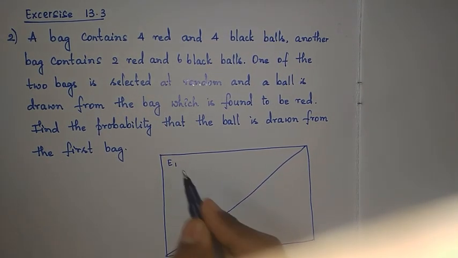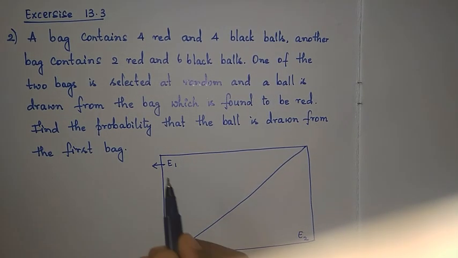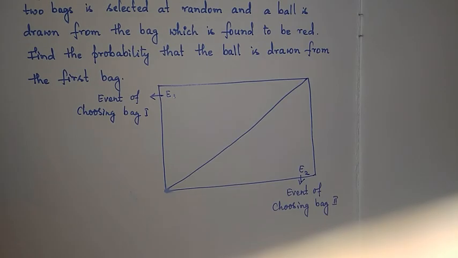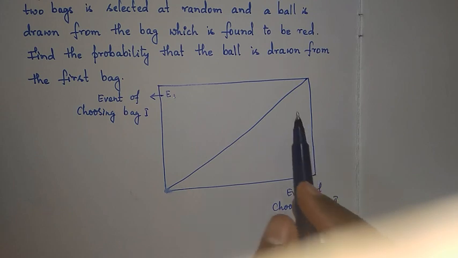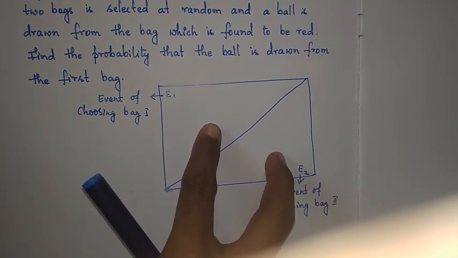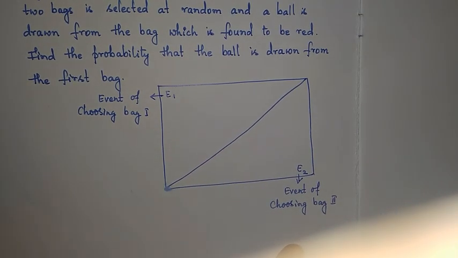Let us name these E1 and E2, where E1 represents the event of choosing bag 1 and E2 represents the event of choosing bag 2. So here in the sample space we have only 2 possible outcomes. We can either choose bag 1 or we can choose bag 2.